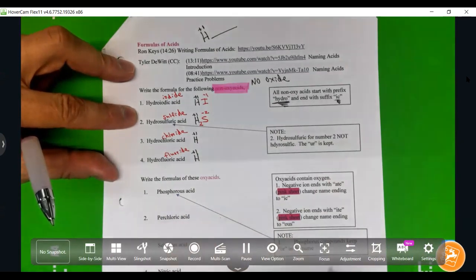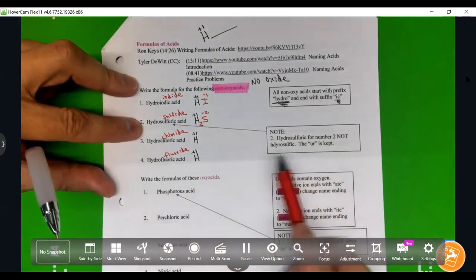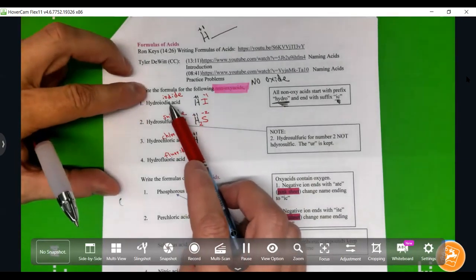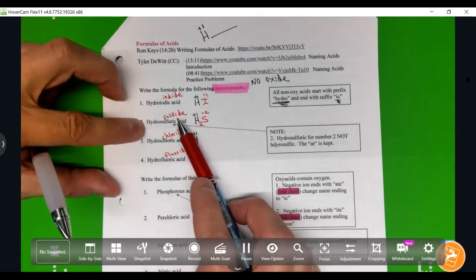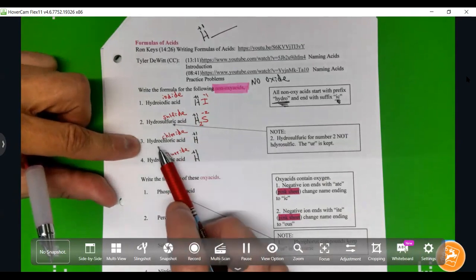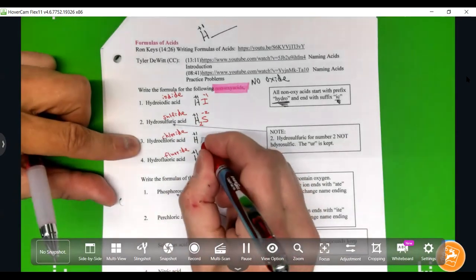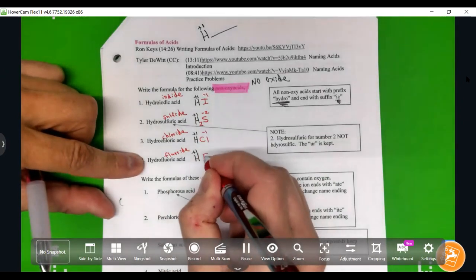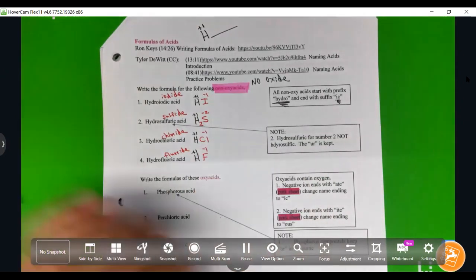I have arrows. So you would think this would be hydrosulfic acid. Because we just cut the "ide" off and replace it with "ic," but sulfur compounds keep the "ur." So this is the same as hydrogen chloride. And this is the same as hydrogen fluoride.